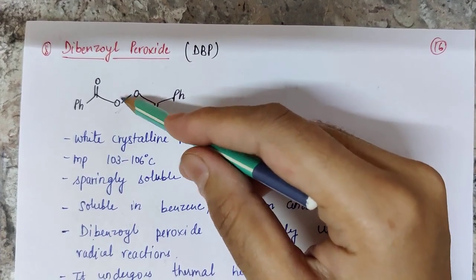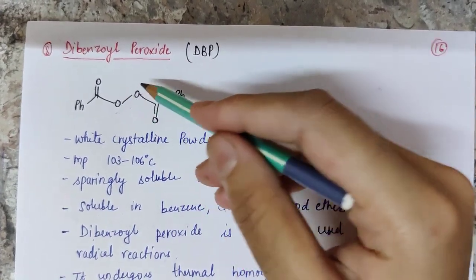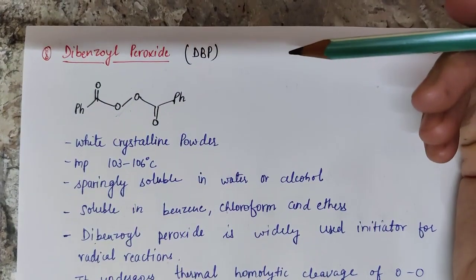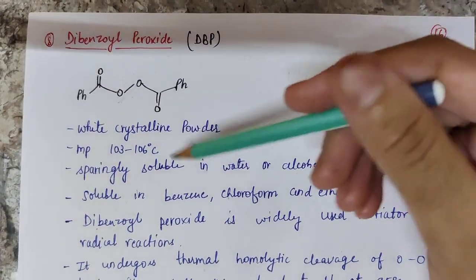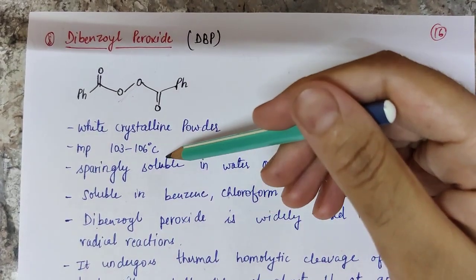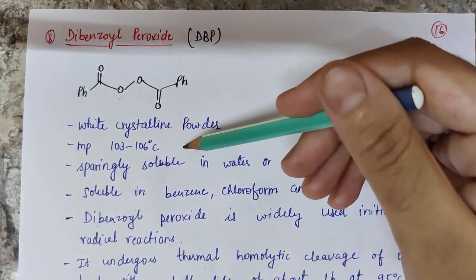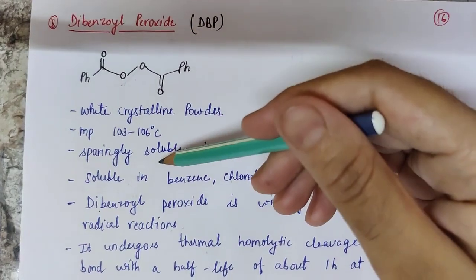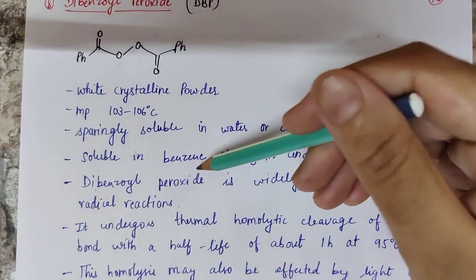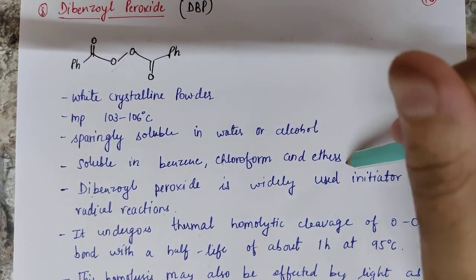Homolytic cleavage takes place, two radicals are obtained, similar to our previous peroxide. If we look at the properties, it's a white crystalline powder with a melting point ranging from 103 to 106 degrees Celsius, sparingly soluble in water or alcohol, but it is soluble in benzene, chloroform and ether.